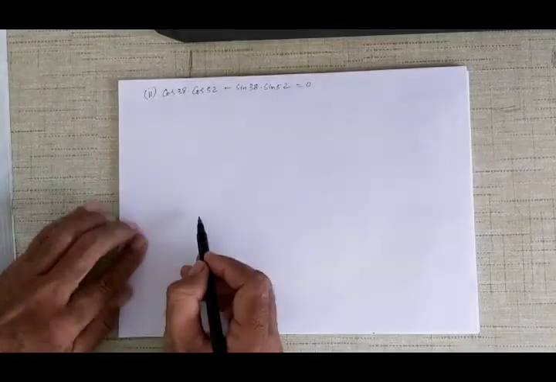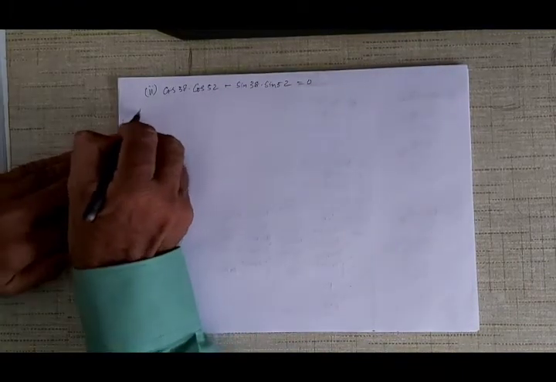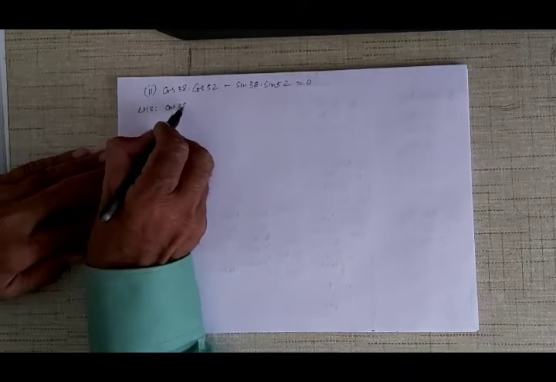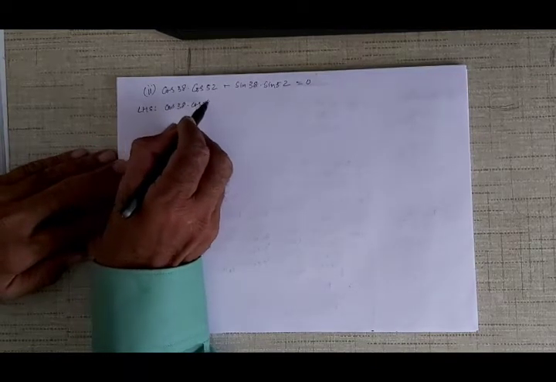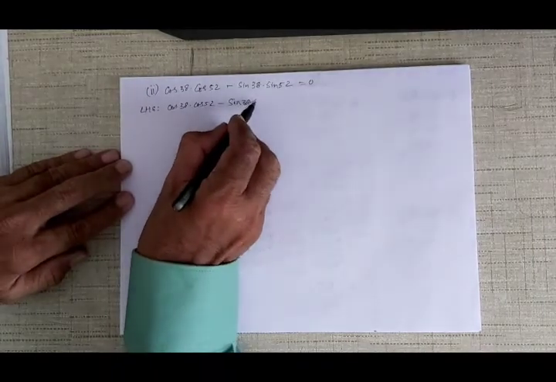We want to prove that this is equal to 0. If I want to prove that, I must start with left hand side. Left hand side is cos 38 cos 52 minus sin 38 dot sin 52.